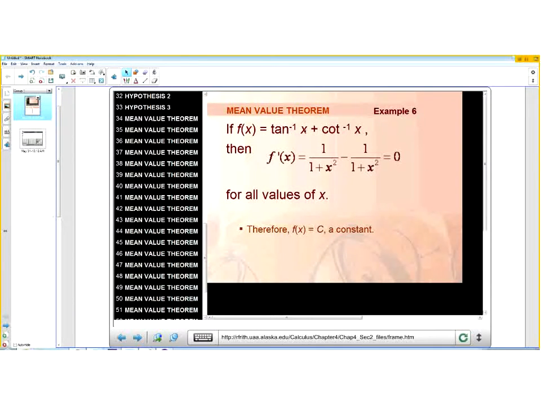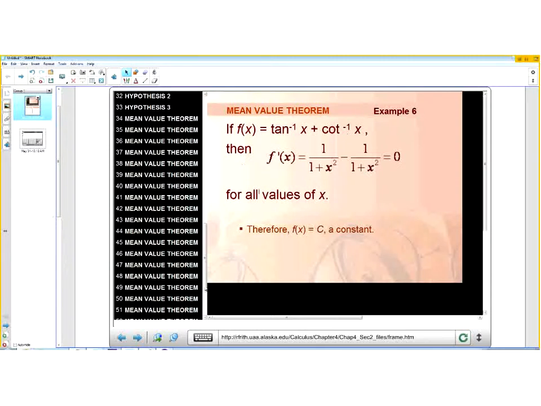If f of x is equal to the sum of the two functions, then the derivative is equal to the derivative of inverse tan x plus the derivative of inverse cotangent x, and of course that equals 0. Remember, if the derivative of a function is equal to 0, then the function itself must be constant.